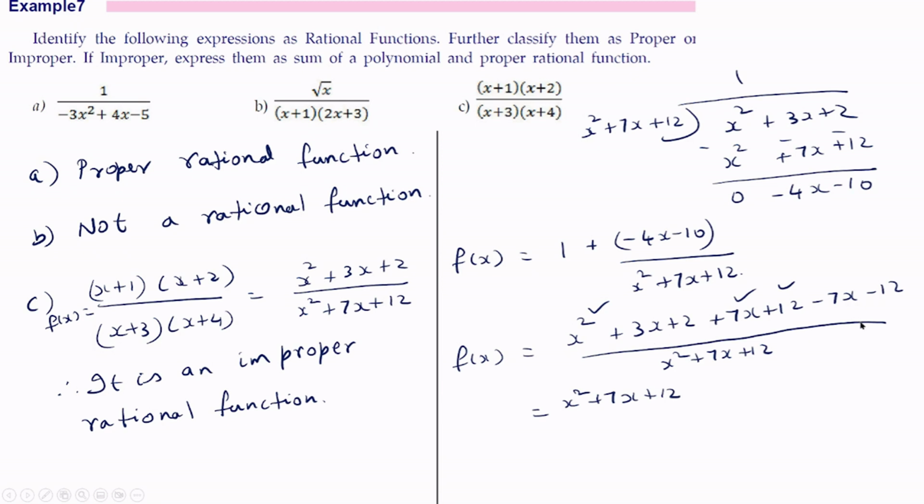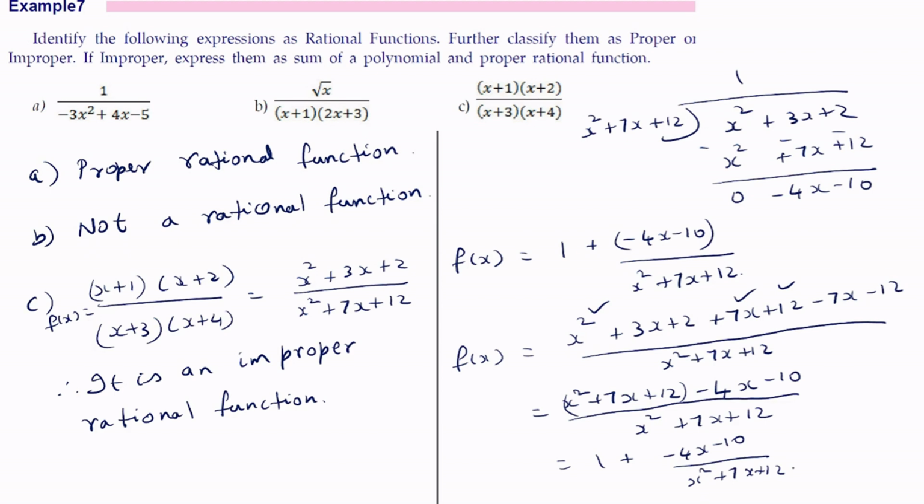Here it is 3x minus 7x, which is minus 4x. And here it is plus 2 minus 12, minus 10, divided by x square plus 7x plus 12. So this will be again 1 plus minus 4x minus 10 upon x square plus 7x plus 12. So we get the same answer. Only thing is we can save time by not performing long division.